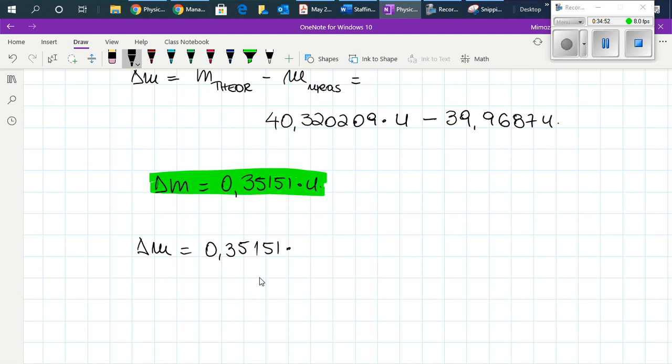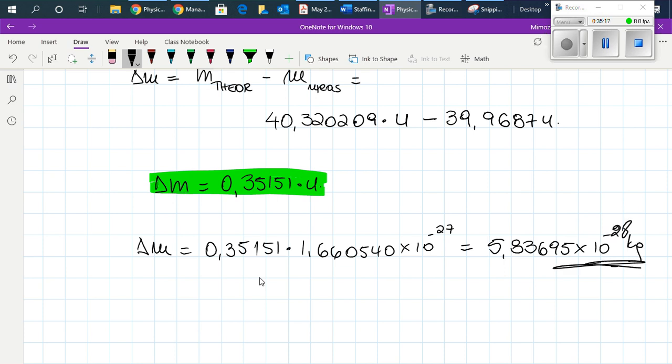1.6605 times 10 to the power of negative 27, and this will be 5.83695 times 10 to the power of negative 28 kilograms.